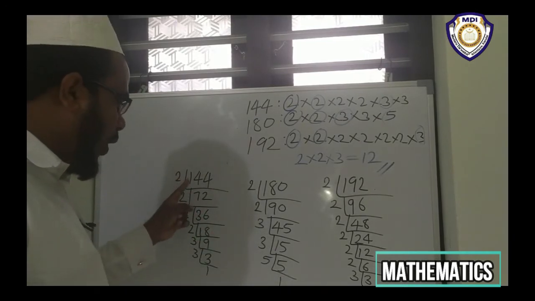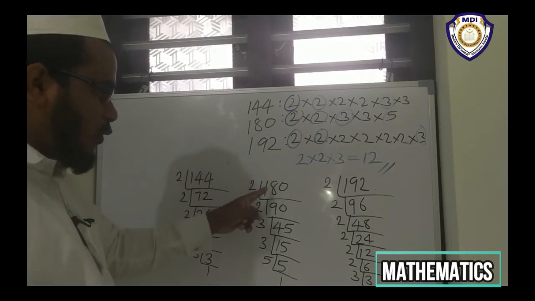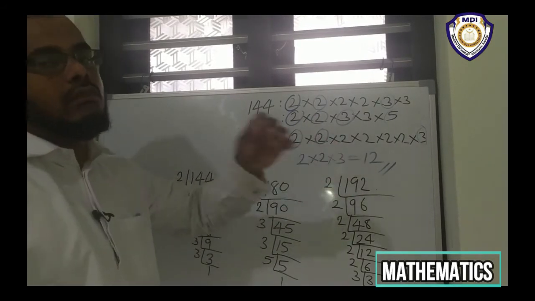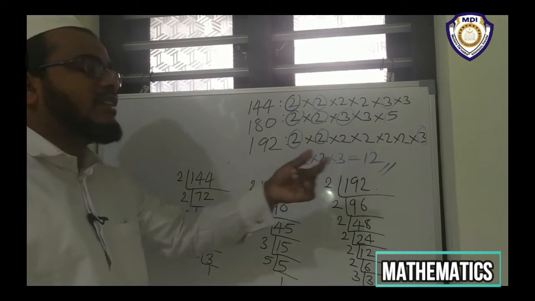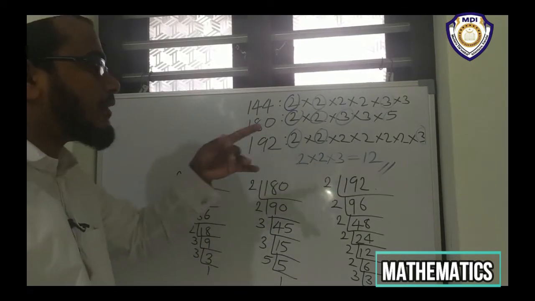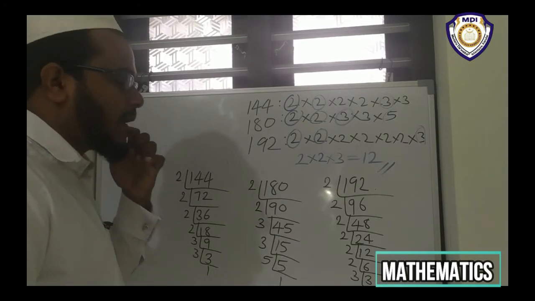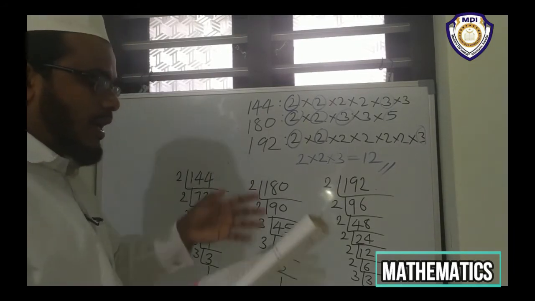The HCF of 144, 180 and 192 is 12. Okay, 12 is the highest common factor here. I think you have understood.